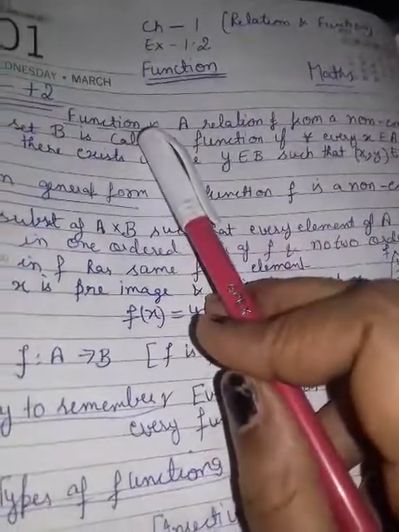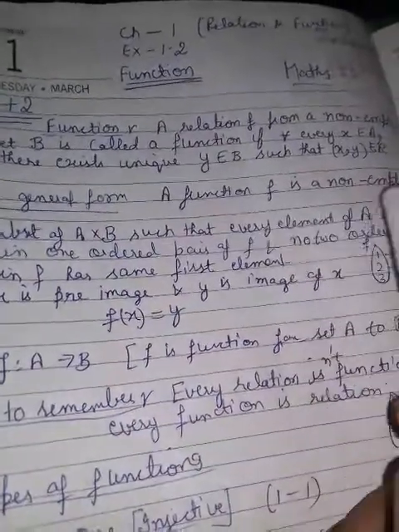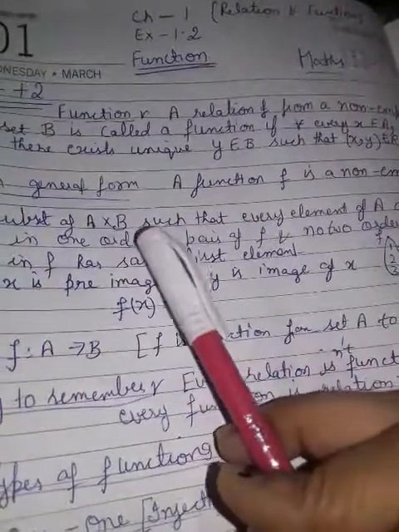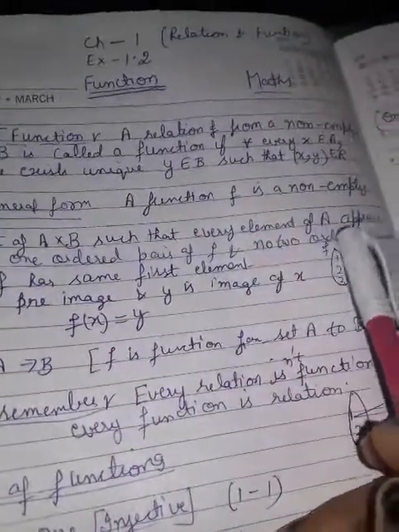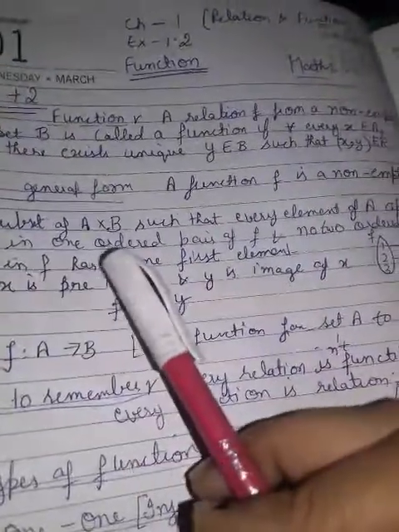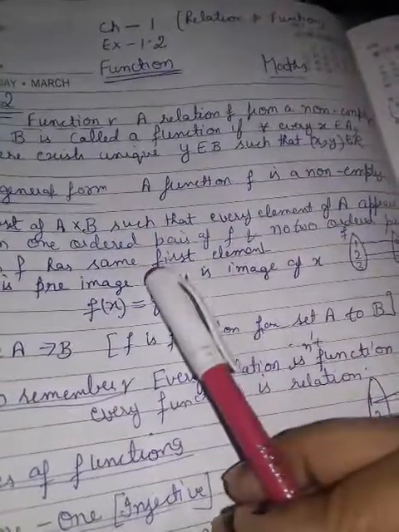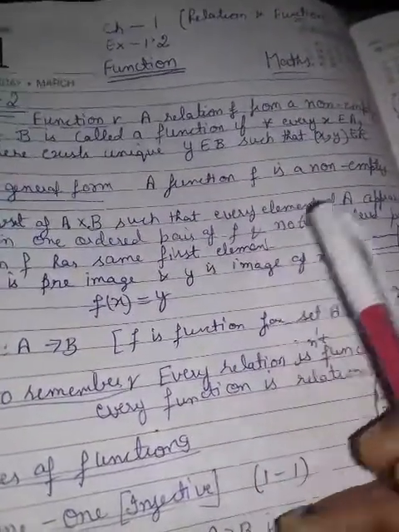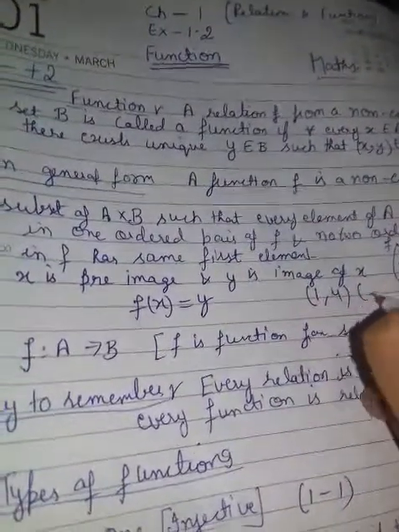This is known as a function. In general form, a function f is a non-empty subset of A cross B, such that every element of A appears in one ordered pair of f. No two ordered pairs have the same first element.